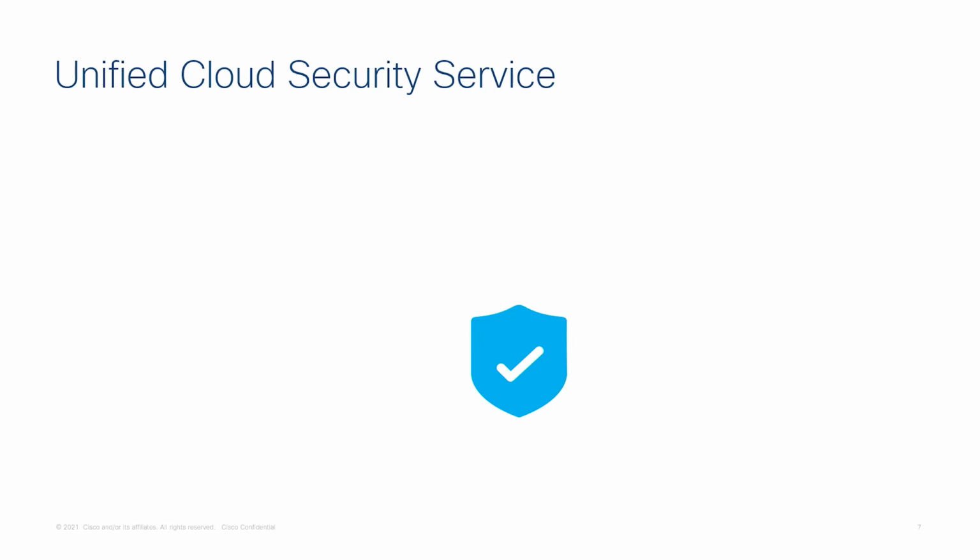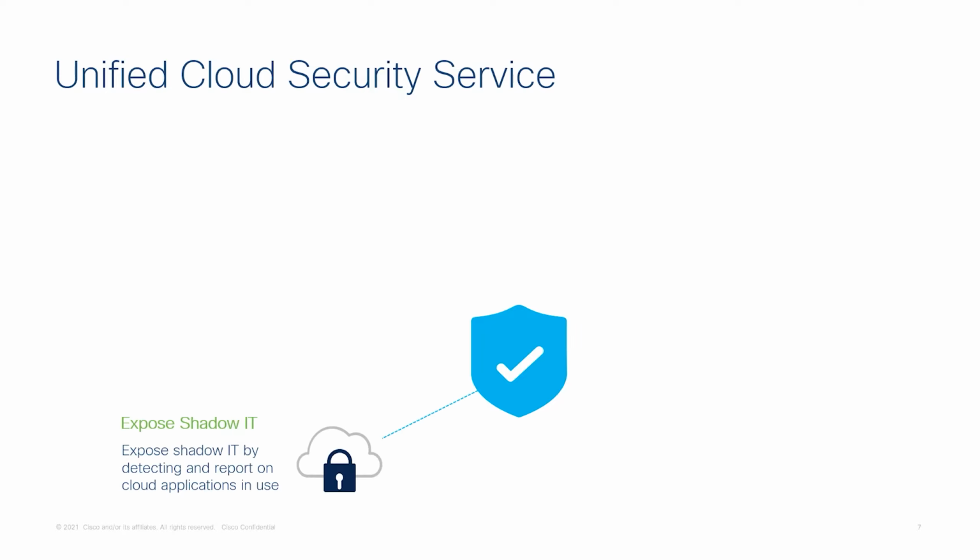Umbrella provides multiple security solutions within a single platform, which gives an extensive range of protections to users within the organization. Let's take a look at the security solutions within Umbrella. There is the Shadow IT service, which detects and reports on cloud applications in use within the organization.